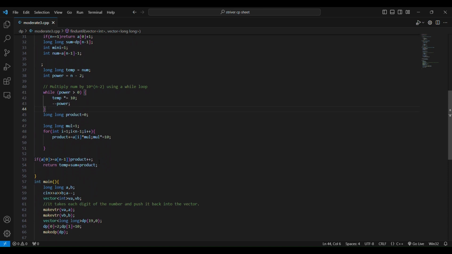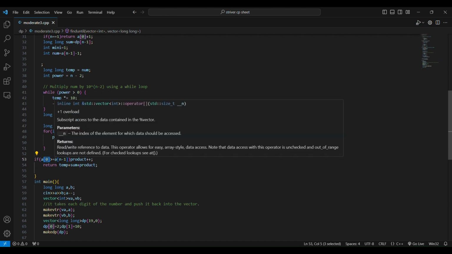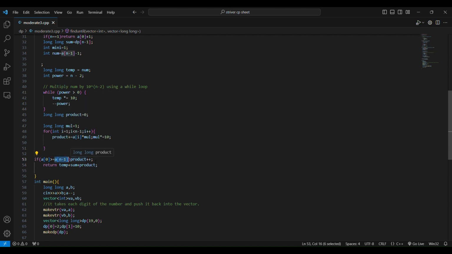This step simply tells us that if a of 0, that is the last digit of the number that is present in the first index of the vector, is greater than or equal to the first digit of the number, then we can consider the middle number itself. So we increment the product by 1. Product simply takes the middlemost digits value.